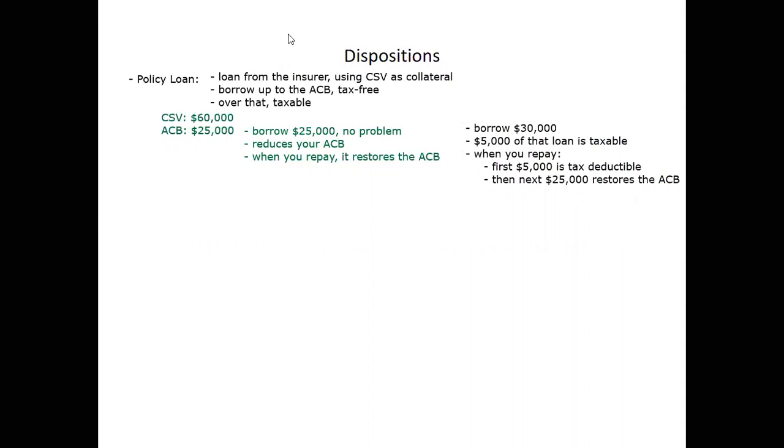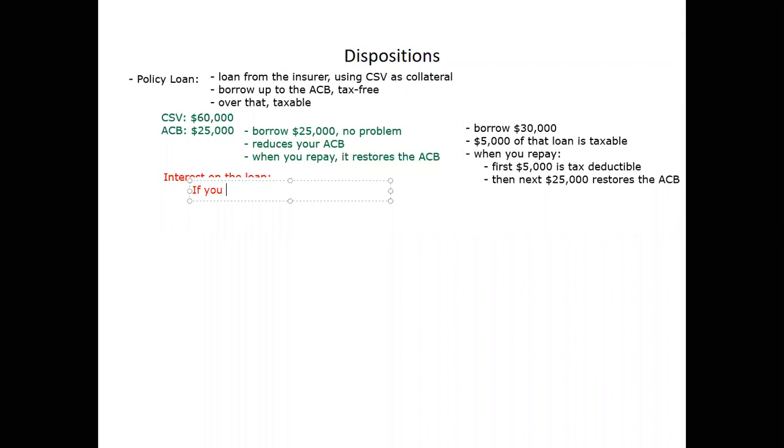Now, we also look at interest on this loan, and this depends on the reason for borrowing.